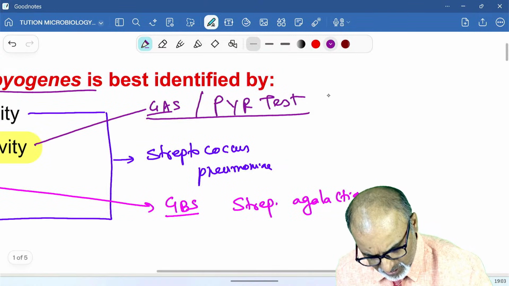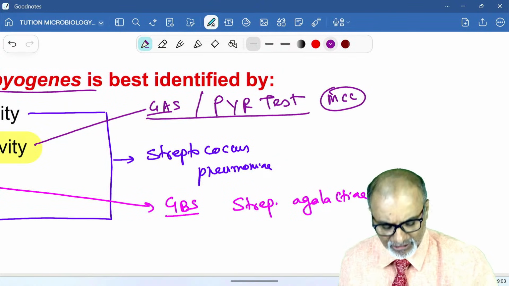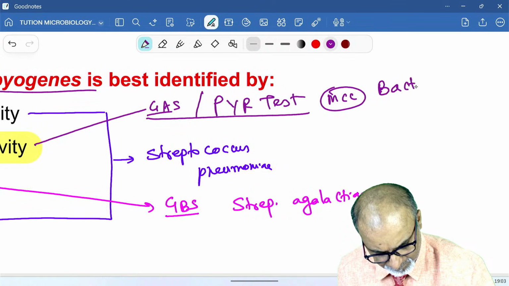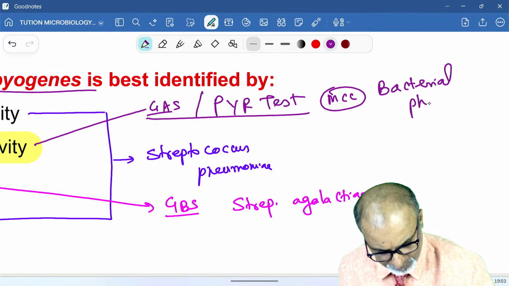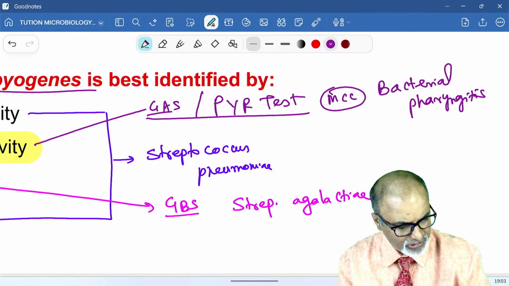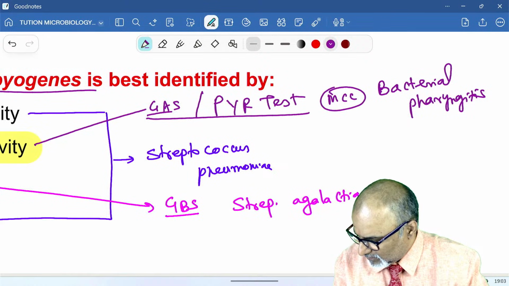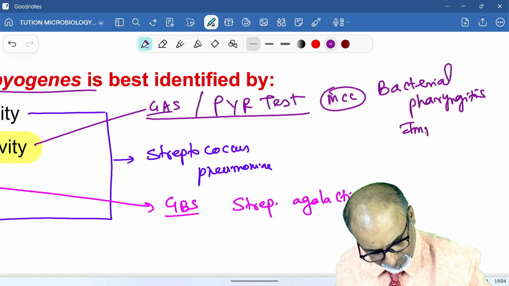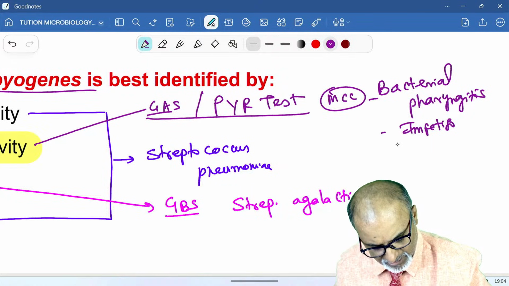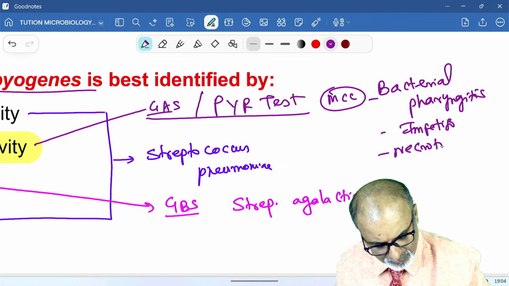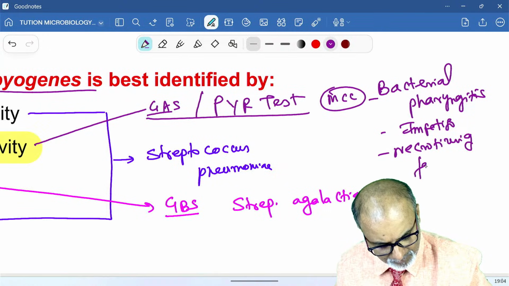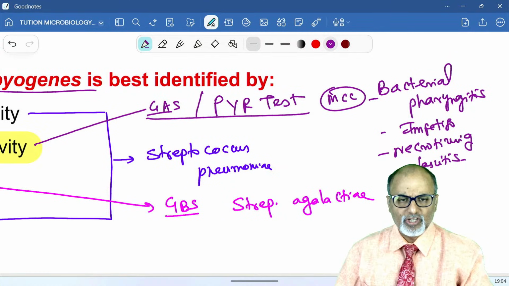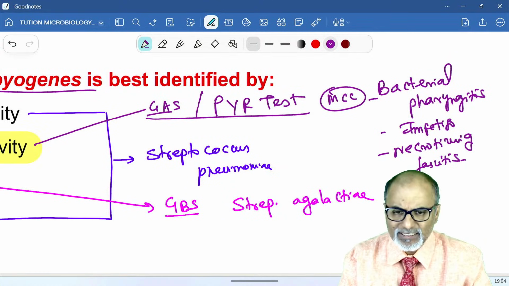It is the most common cause of bacterial pharyngitis, impetigo, necrotizing fasciitis, many things.